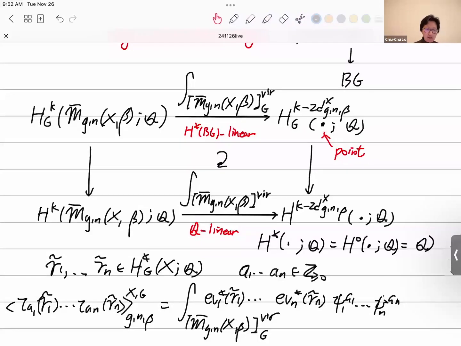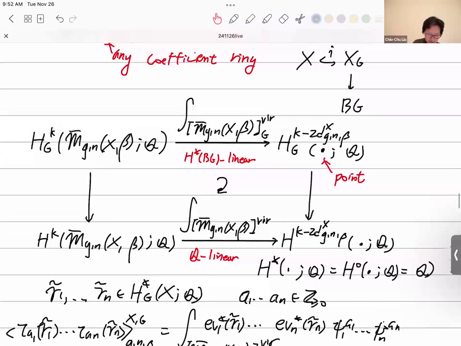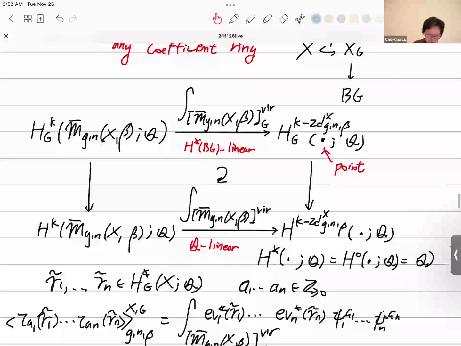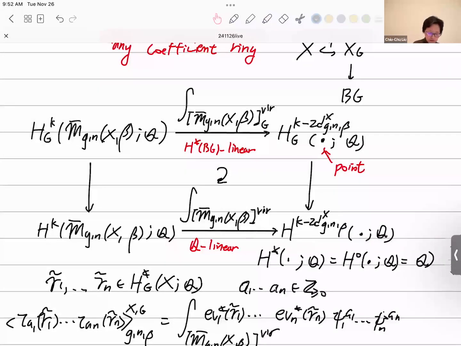Now recall that the bottom line is we can think of integrating against the virtual fundamental class as a map, the virtual push forward to a point.